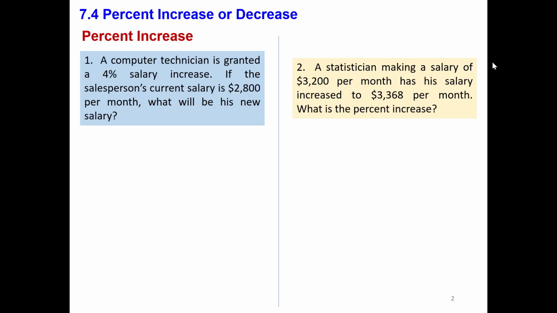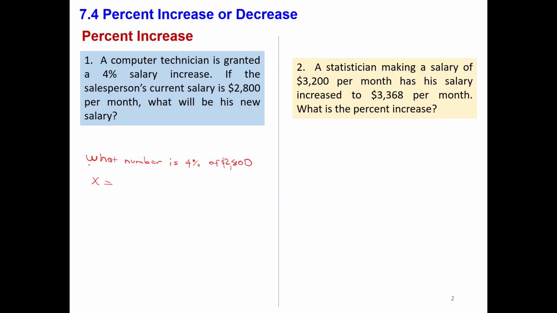First, solve the question. Let me write the question here. What number is 4% of 2,800? Let's now write the equation.